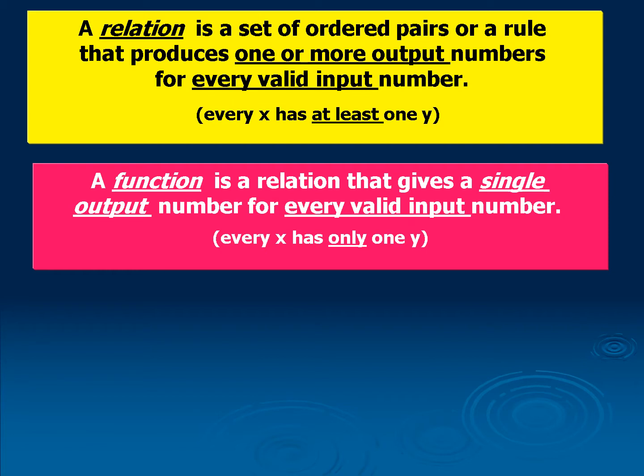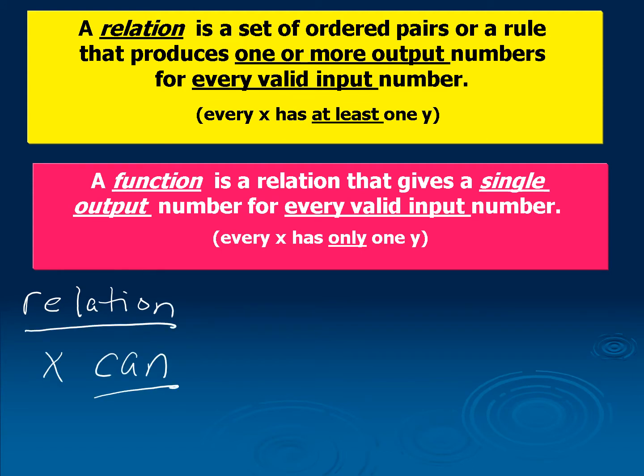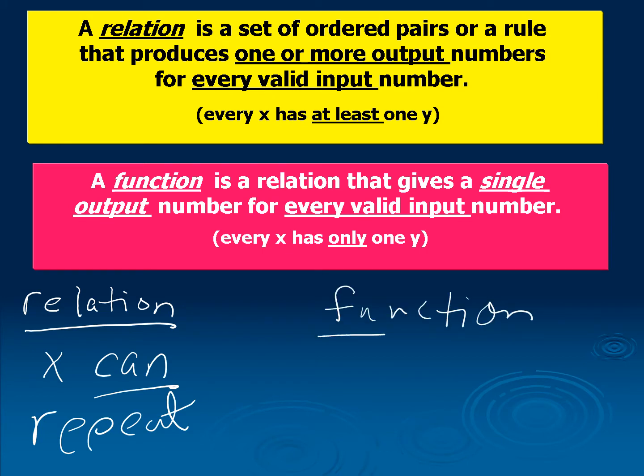So basically, if you wanted to sum it up, a relation is where x can repeat. But for that relation to be a function, x cannot repeat.